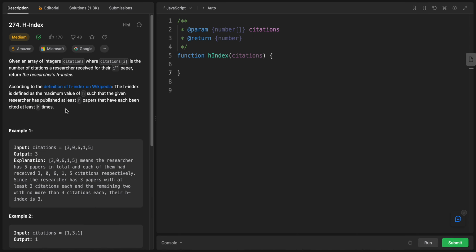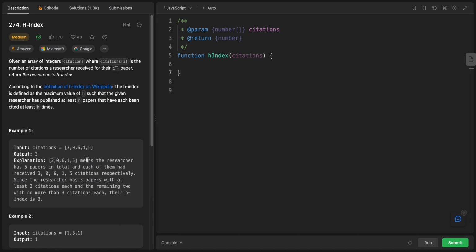What does that mean? I read this multiple times to try to understand it. However, if you look at this example, we can understand it quite easily. We have these papers, and the output should be 3. Why? Because the researcher has right now 5 papers, and for each paper we have citations: for the first one 3, then 0, 6, 1, 5.